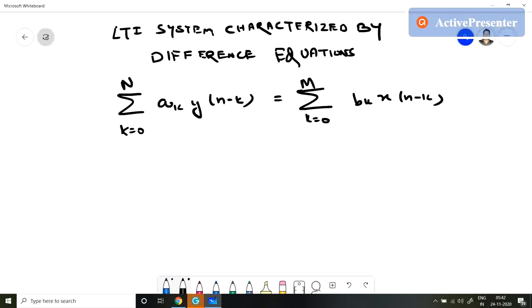This is the difference equation, with M less than or equal to N, that we all know.